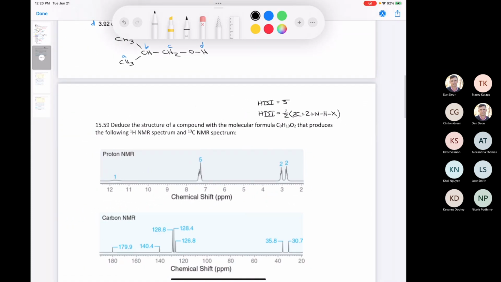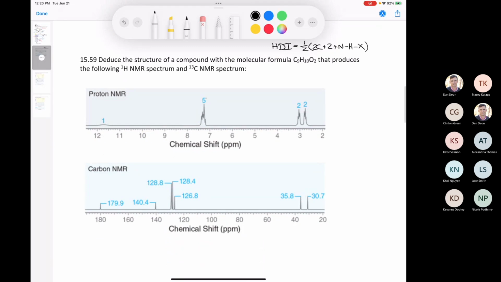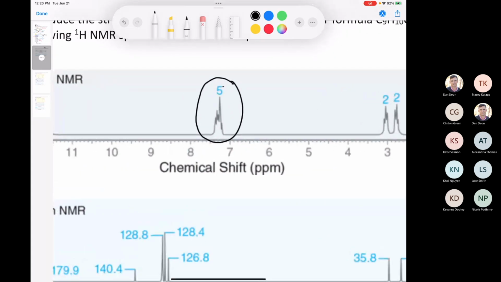Okay, 5. That's a lot of unsaturation, but what do you think it means if we have 5 protons at around 7 parts per million? You zoom in here and you see this is 7.123, so this is around 7.3 parts per million. What kind of protons do you think these are? If we have protons in between 6.5 and here, what kind of protons are those going to be?